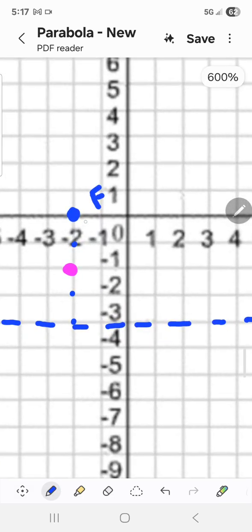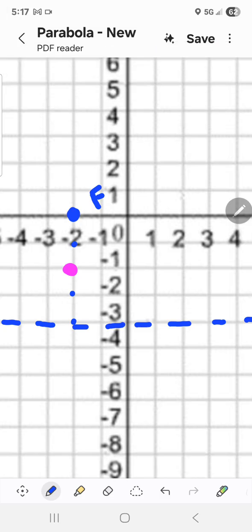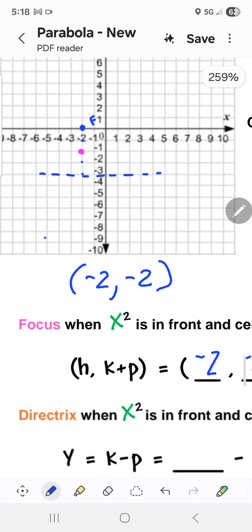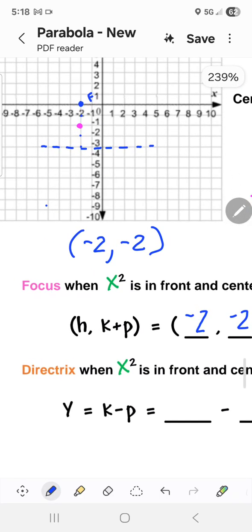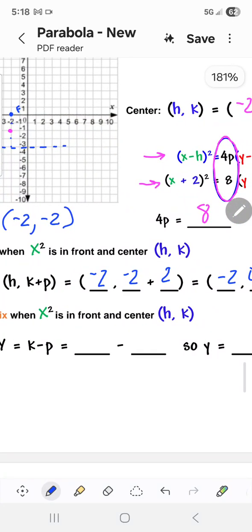That's exactly where we drew it, because we know from the vertex, p units in the direction that you are opening, and I knew we were opening up. That means I knew where that was going to be. The directrix: we know that this is going to be k minus p.